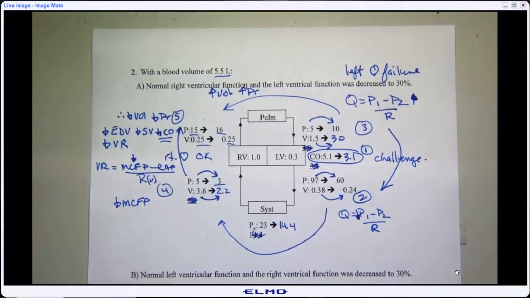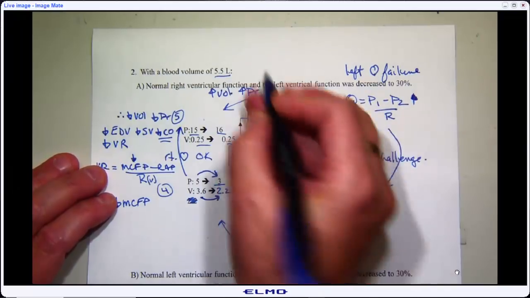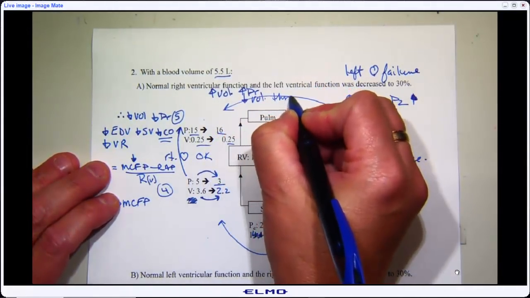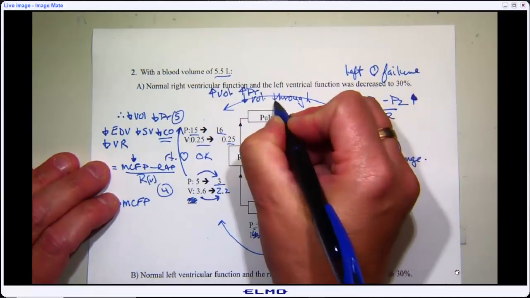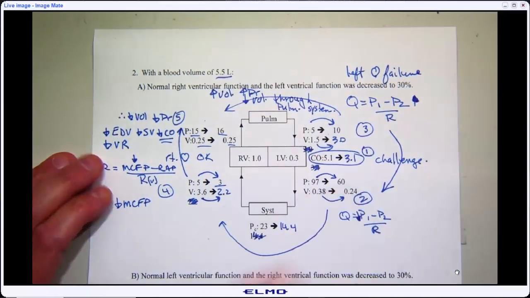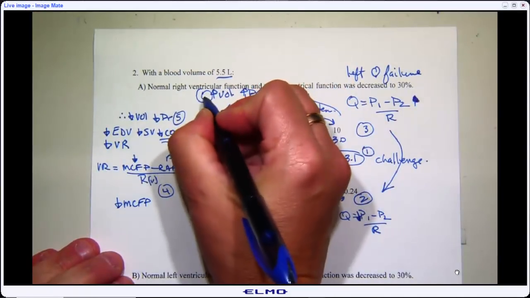I should get an increase in volume and an increase in pressure because I have a decrease in volume through the pulmonary system. Okay, that's what that argument is. So 1, 2, 3, 4, 5, 6. We got ourselves to there.